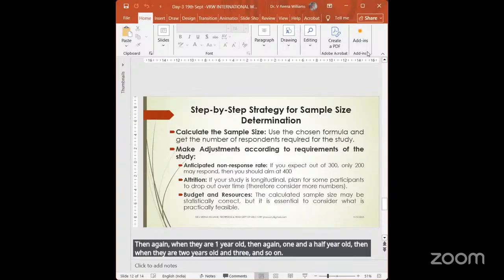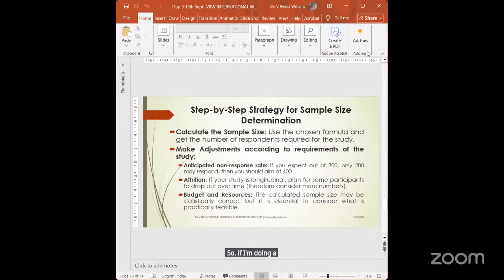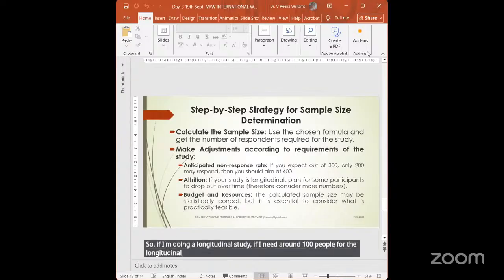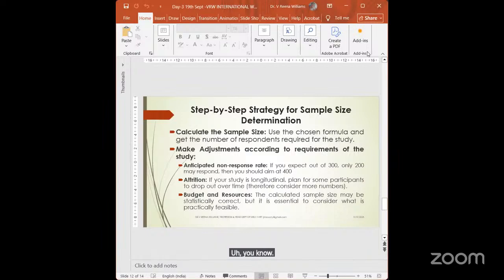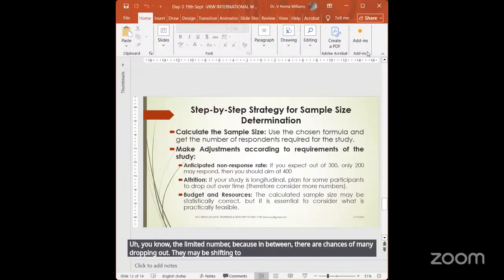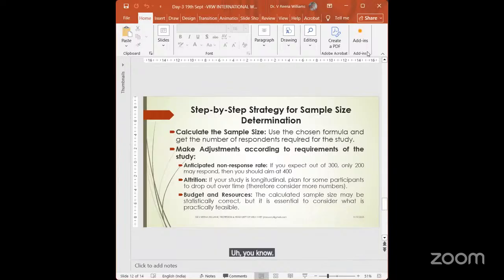This type of study is called a longitudinal study. If I need around 100 people for the longitudinal study, I have to take more than that number, because in between there are chances of many dropping out. They may be shifting to another place, they may be getting transferred, the family is going out. So a longitudinal study requires accounting for the attrition rate, so you have to take a little bit more.